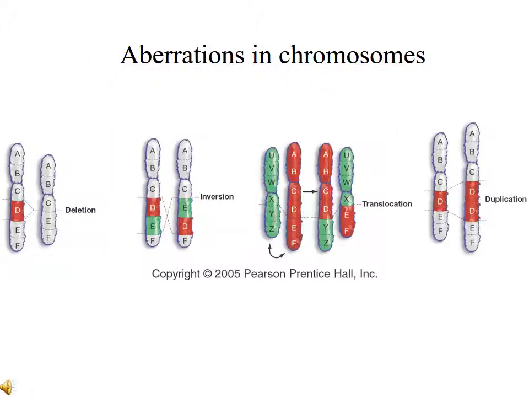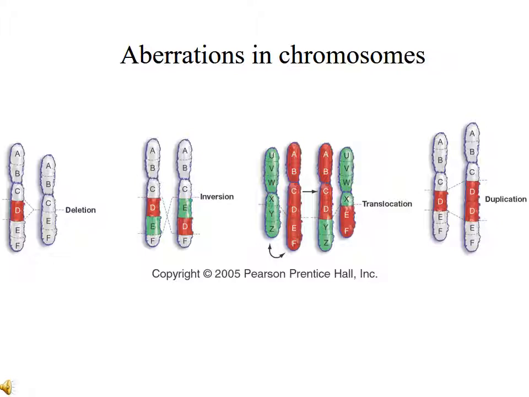To your left, you see what we refer to as deletion. During the process of gamete formation and meiosis and so on, we can see that the ABCDEF chromosome has evolved into ABC, and the D part is missing. This is referred to as a deletion.